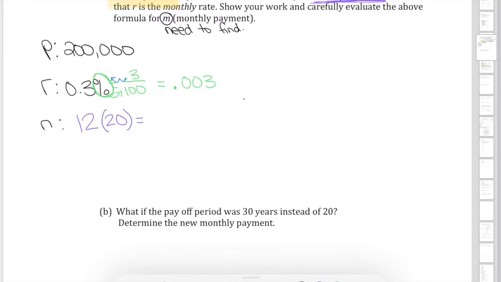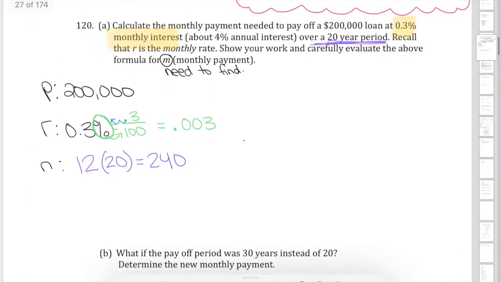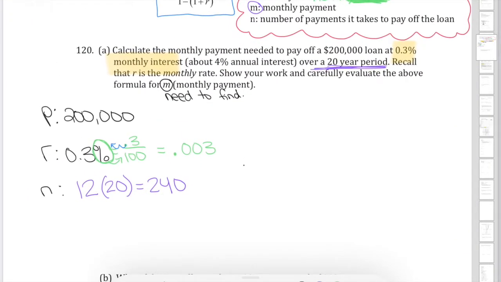But if you multiply that by the 20 years you are making monthly payments, that's going to get you 240 monthly mortgage payments. Okay, so that's the math you have to do to figure out the number of total payments. Take the 12 months you know that there are in a year and multiply it by how many years you're going to be making those 12 monthly payments. Sorry, I said that wrong.